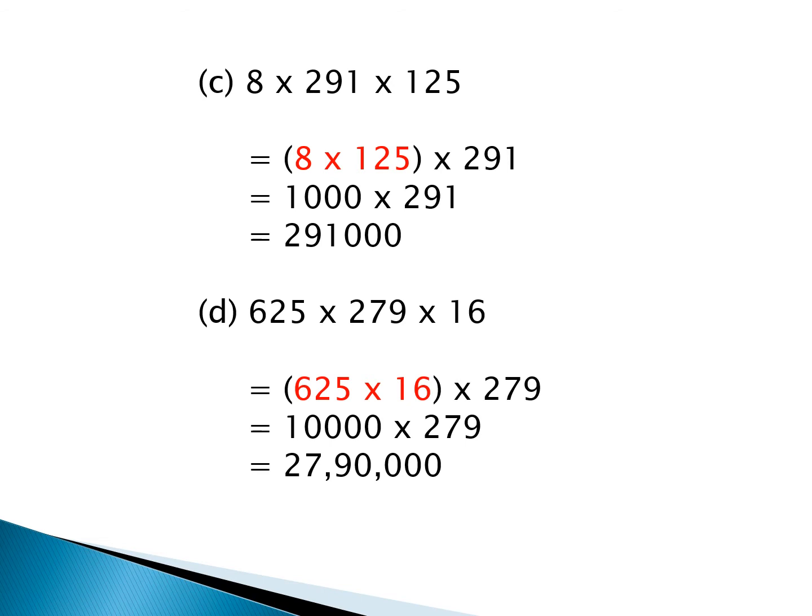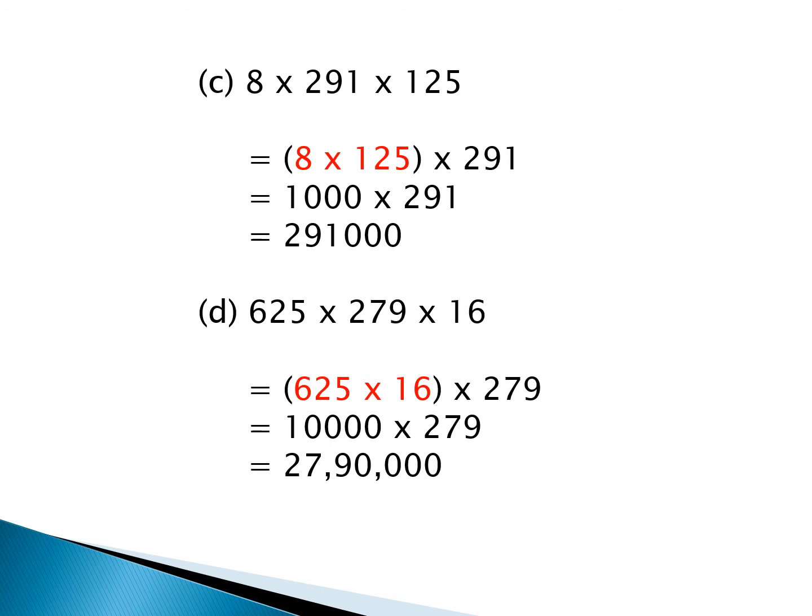So 8 multiply 125 will be written in the bracket, and outside the bracket we will write multiplication sign 291. So this is the way we have to write. Now after multiplying 8 by 125, we will get 1000. 1000 multiply 291. Now the final answer is 2,91,000. Is this question clear, children?